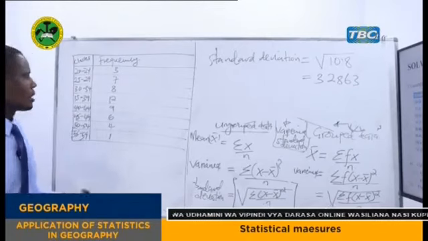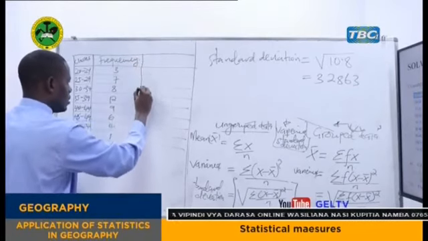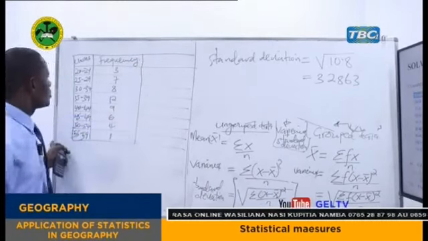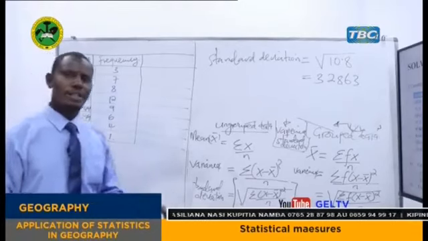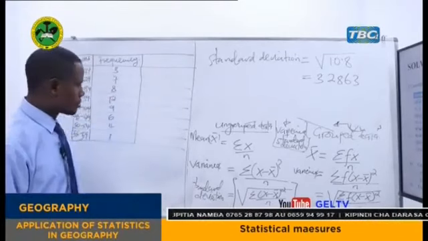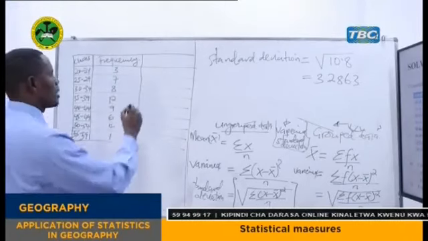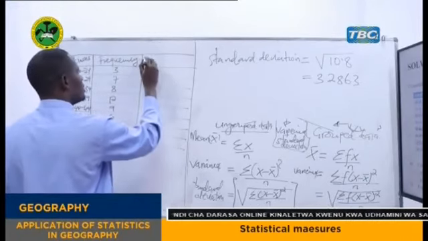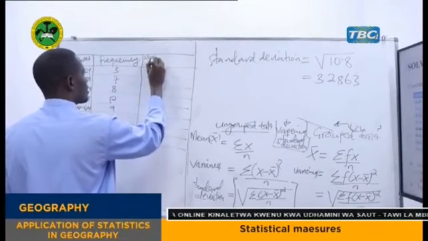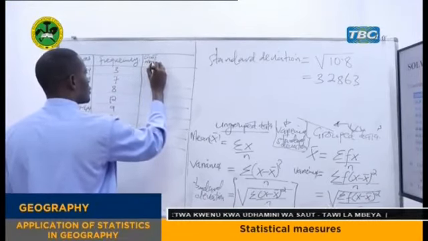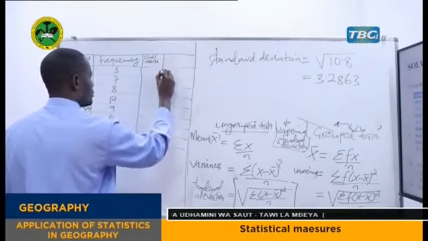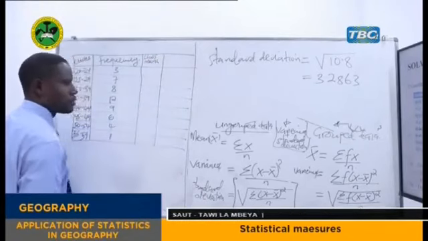So over there, we should establish another column. As we have said, you cannot compute the variance or the standard deviation if we don't have the mean. And remember, this is grouped data. So for the mean, we should establish something known as the class mark. We establish another column special for the class mark.